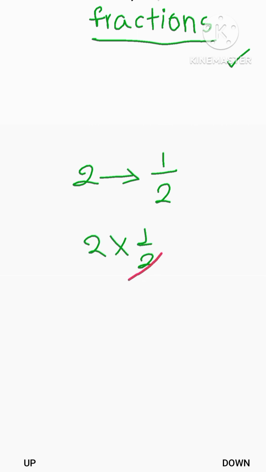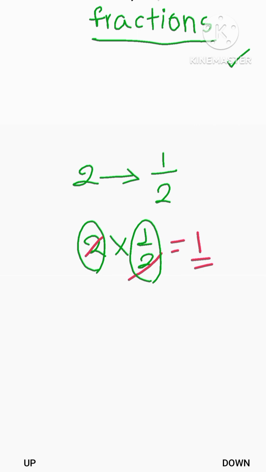Okay, what is a reciprocal? We multiply any two numbers. If the result is 1, then the numbers are reciprocals of each other. For example, take 2. So the reciprocal of 2 is 1 by 2. Why? Because when we multiply 2 and 1 by 2, the result is 1. Then we can say that these two numbers are reciprocals of each other.